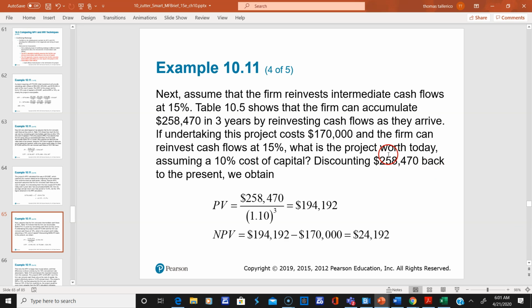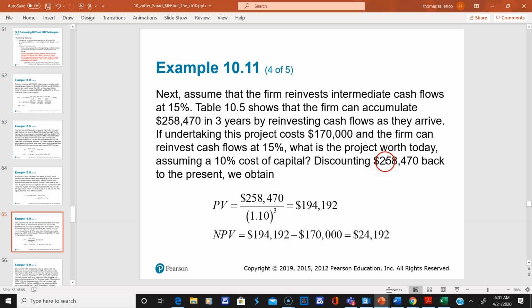Next, assume that the firm reinvests intermediate cash flows at 15%. Table 10.5 shows that the firm can accumulate $258,470 in 3 years by reinvesting the cash flows as they arrive. Okay, so now you're reinvesting the cash flows as they arrive. If undertaking this project costs $170,000 and the firm can reinvest cash flows at 15%, what is the project worth today, assuming a 10% cost of capital?